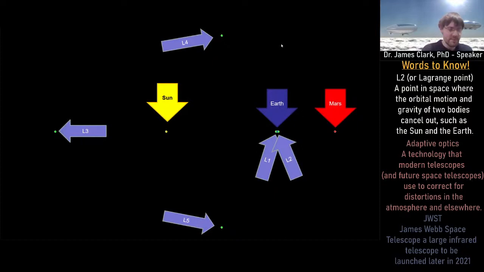To put this in perspective, the James Webb Space Telescope is launching later this year, but it was first designed in the 1990s with the intent to be launched in 2006. So it's had a very, very long development timeline, and no space telescope currently on orbit would be able to make use of one of these eye doctor satellites.